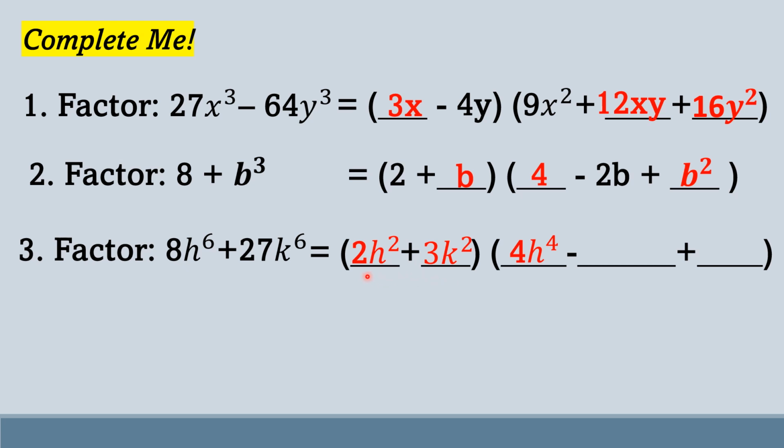So 2h to the 2nd power times 3k to the 2nd power will give us 6h squared k squared. And to get the last term of the second factor, get the square of the last term of the first factor. So the square of 3k squared is 9k to the 4th power.